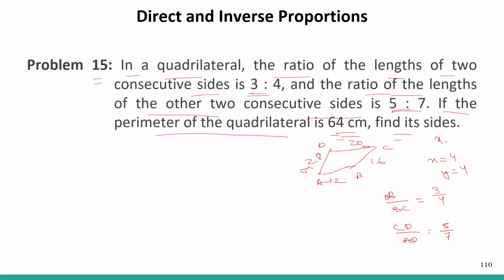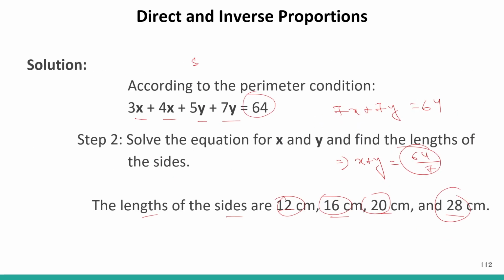If you assume that they both have the same ratio or factor, that is x is equal to y is equal to 4, then 3x plus 4x plus 5x plus 7x is equal to 64, right? So this implies that 19x is equal to 64.